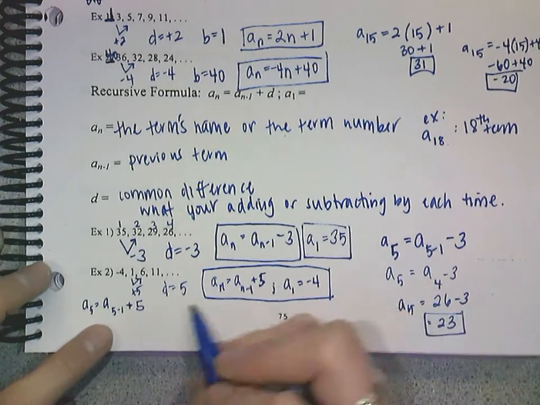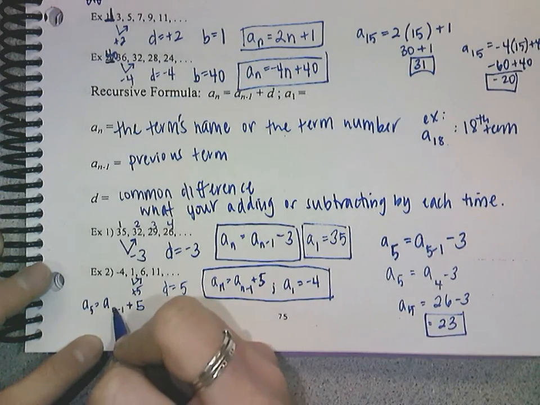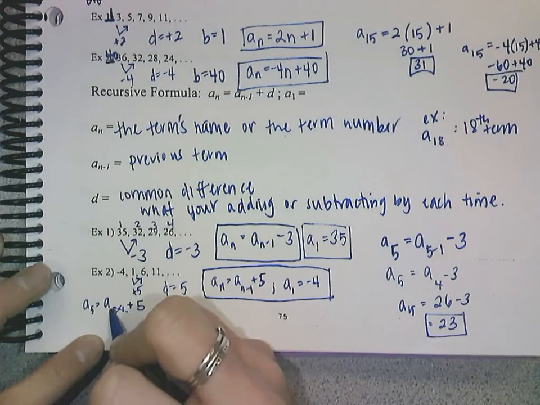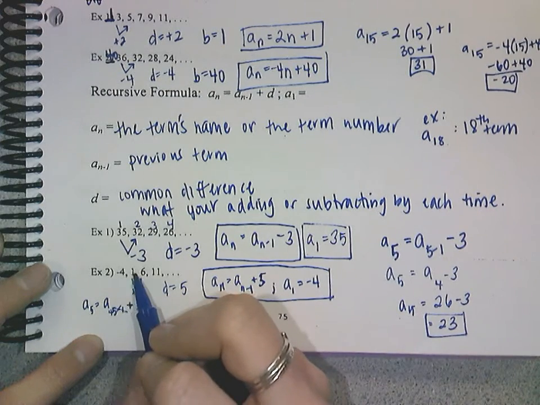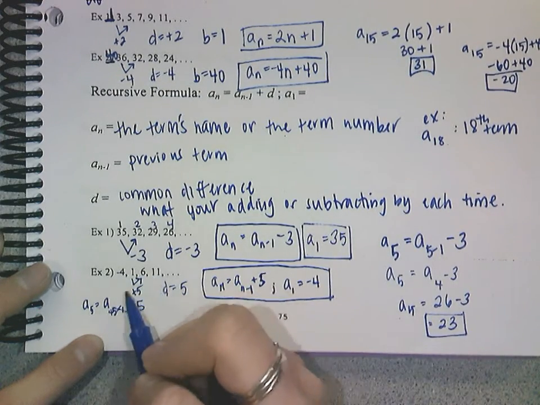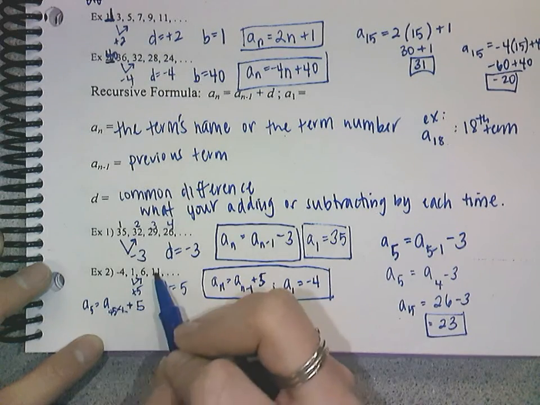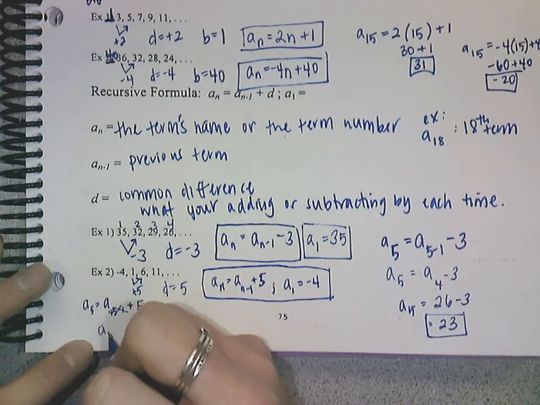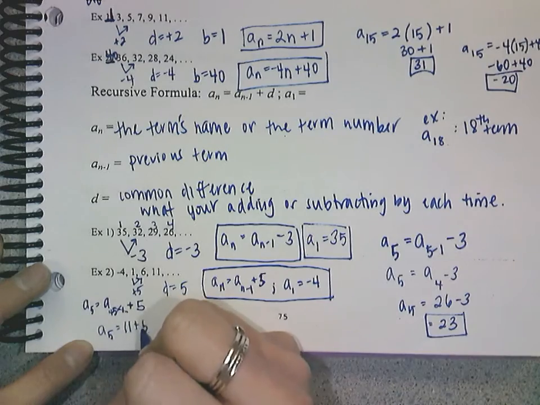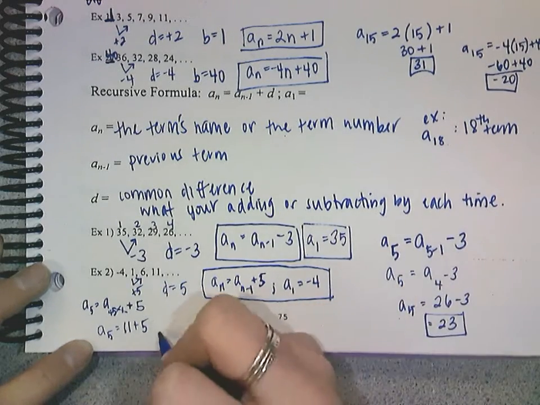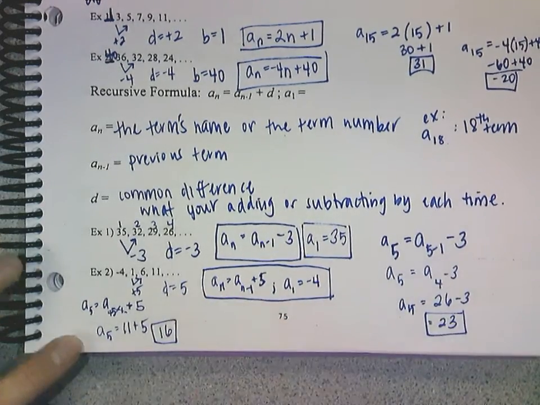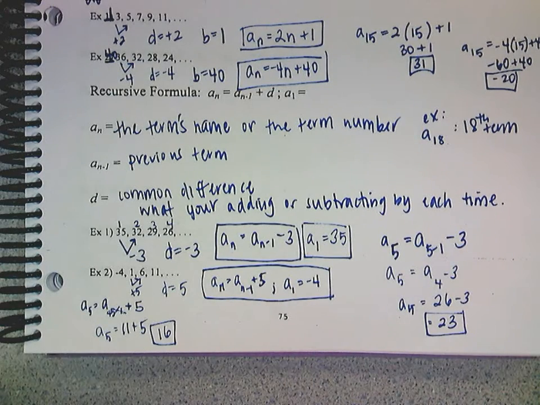Okay, so 5 minus 1 is 4, so this is really a sub 4. So if I count, this is my first term, second term, third term, fourth term. So a sub 4 and 11 are the same exact thing. So I really have a sub 5 equals 11 plus 5. And 11 plus 5 will give me 16. Okay, so that is how you do the recursive formula for the arithmetic.